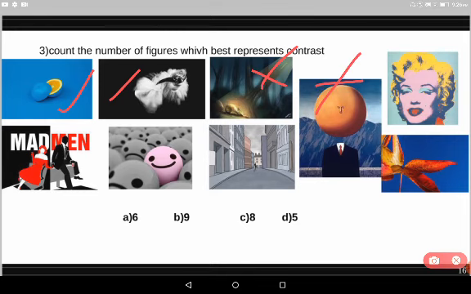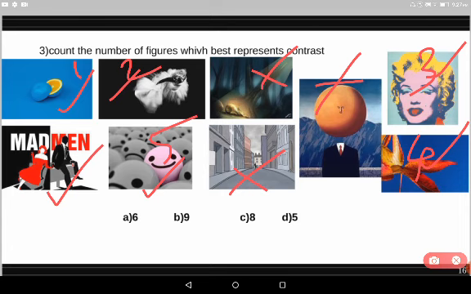Okay, now this is contrasting. This is also contrasting. This isn't contrasting, and this, yes, has some contrast, right? And this, yes, has the contrast. So we are getting 1, 2, 3, 4, 5, and 6 images.